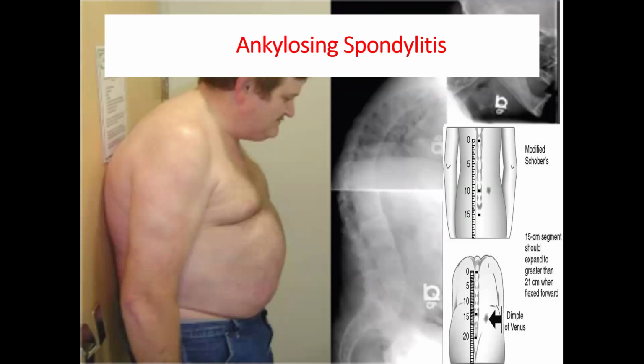Patients have limited range of motion as the disease progresses. It affects also breathing. Famous test is modified Schober test, which basically depicts limitation in flexion of the lumbar spine.